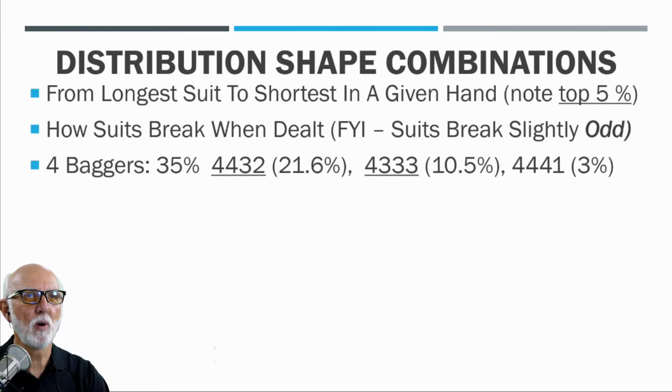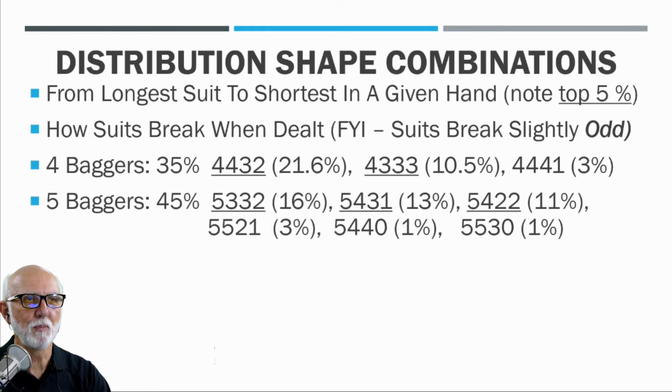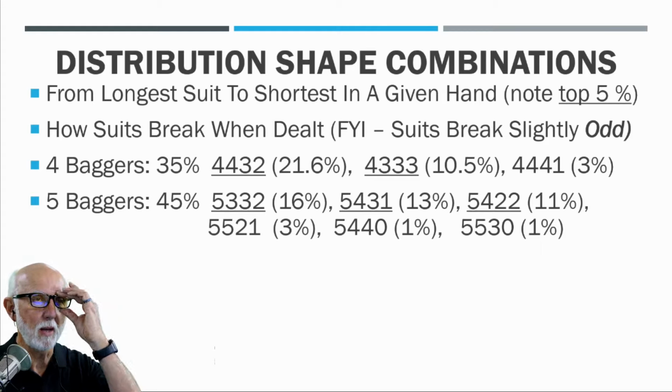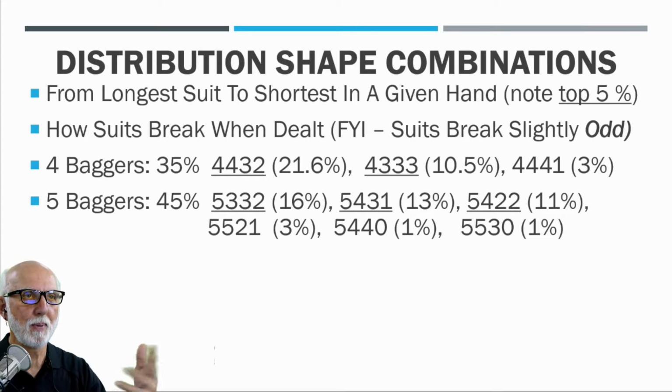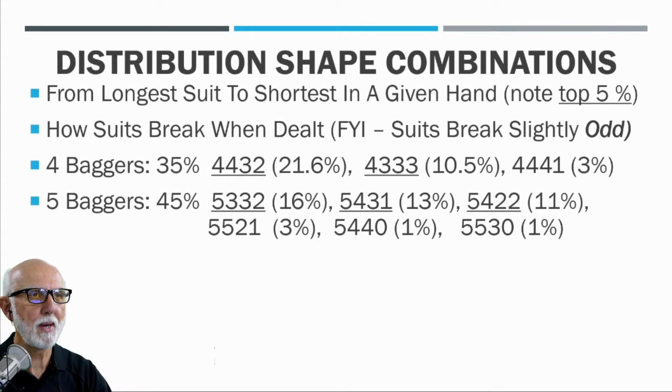And a 4-4-4-1, not very often. That's a more shapely hand. They don't come up that often. That's only 3% of the time. Well, okay, there's 2 of the 5 that are the most common ones you're going to be dealt. How about the 5 baggers? Yeah, now we're up to 45% for the different combinations, and there's typically on these one more combination than the number.